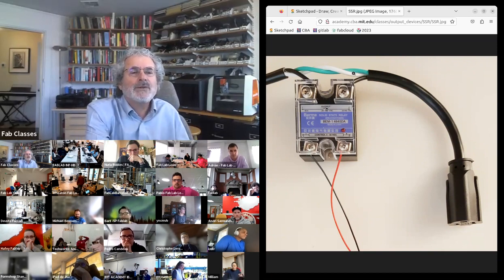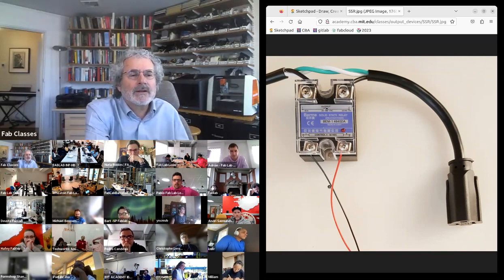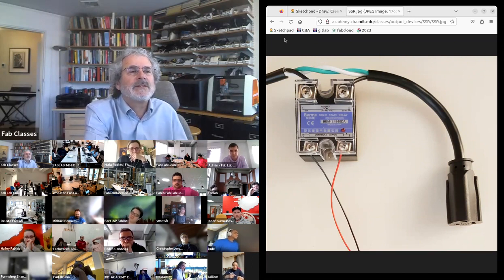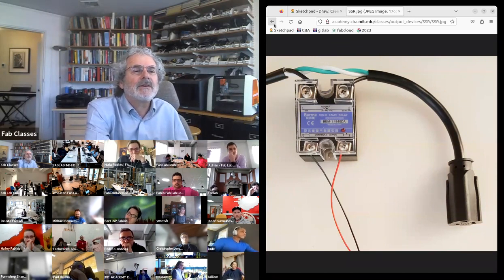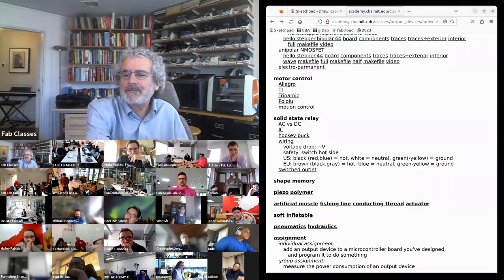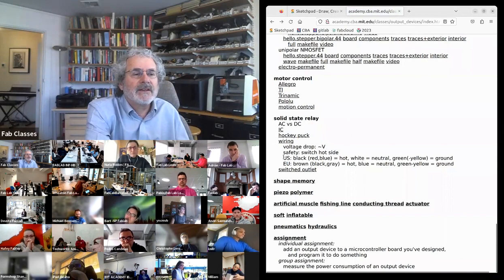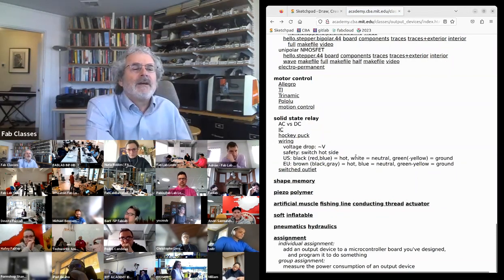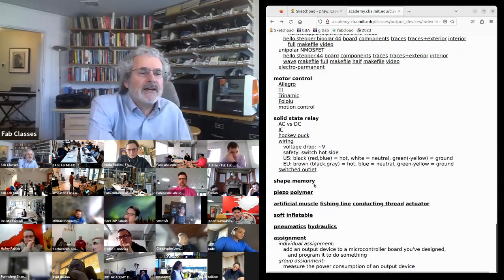Then there's the low side and ground. Your microcontroller comes to here, gets opto-isolated into here, and that switches the AC load. These handle just about any voltage and current. They're very versatile. So yes, the colors are different in different parts of the world, but that's how we handle AC loads.